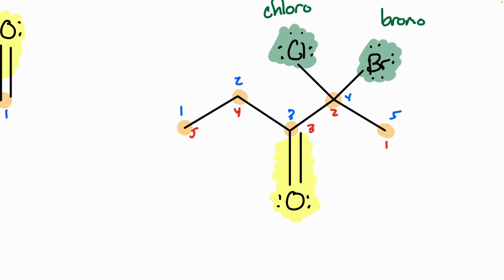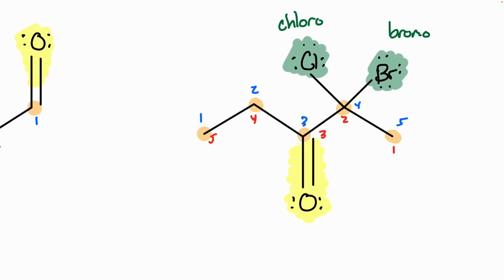All right, which one of these numbering schemes is going to be correct, red or blue? Red, because I'm going to prioritize that functional group, but since there's a tie, I'll break that tie by looking at my other substituents. So indeed, I want that red numbering scheme here.